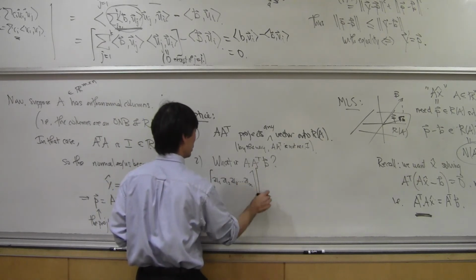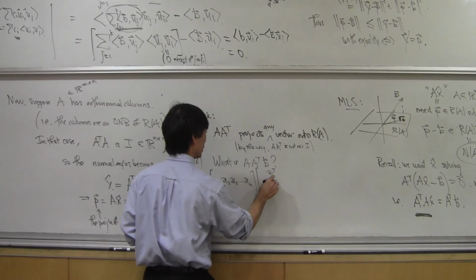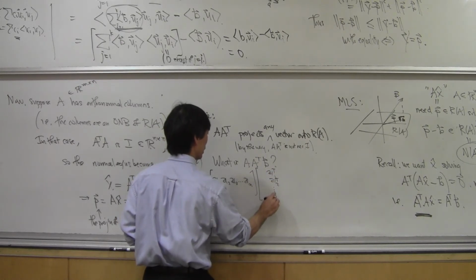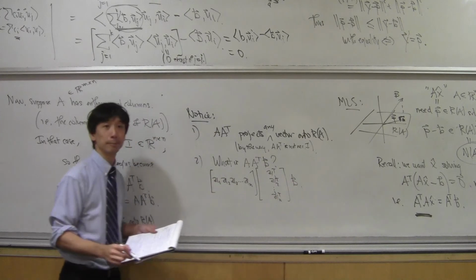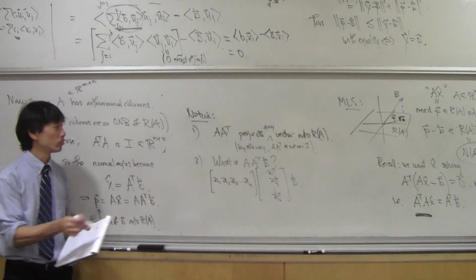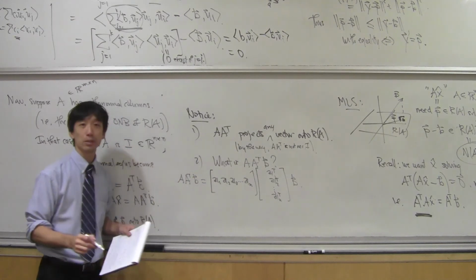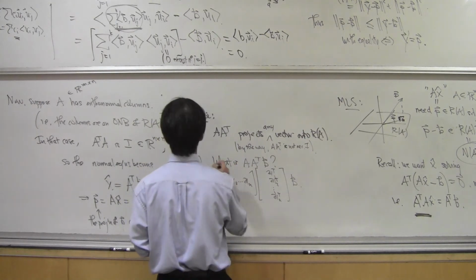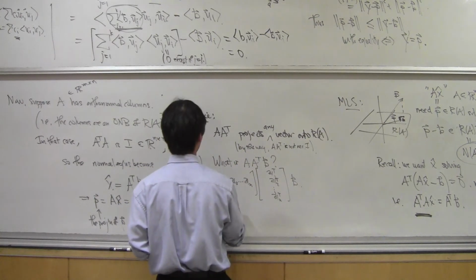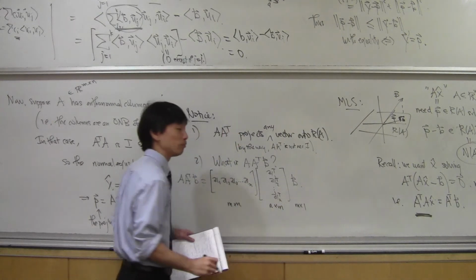A transpose is you take A1 transpose, take each column and transpose it. And then we have our B over here. So A A transpose B equals this. This was m by n, this is n by m, this is m by 1.